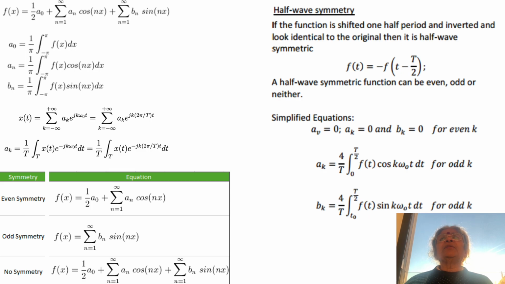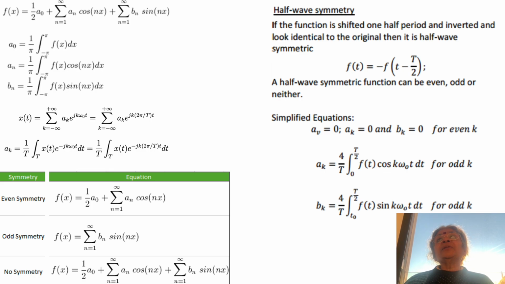So here we will have a brief glance at some of the aspects associated with symmetry. If there is no symmetry, of course, you have the general representation in the trigonometric version, which I'm not going to relate now, as also in the exponential version, which are all given in this first slide.